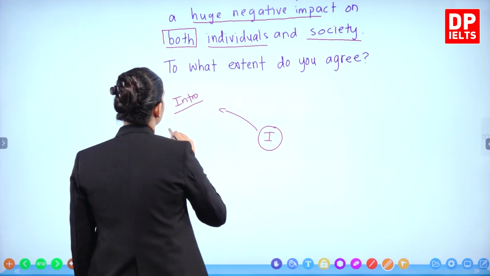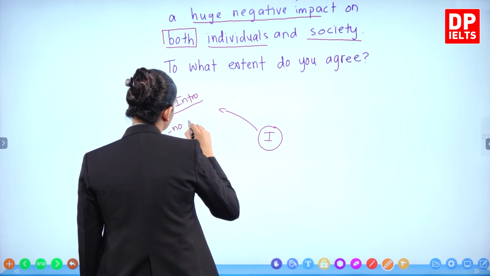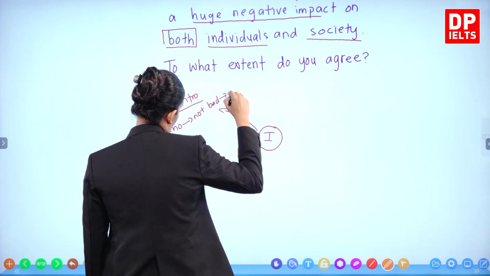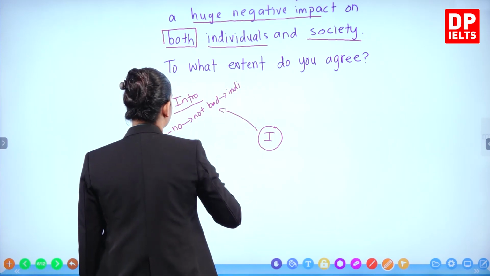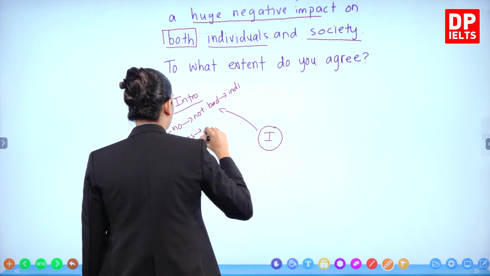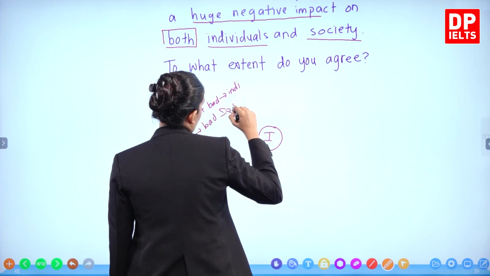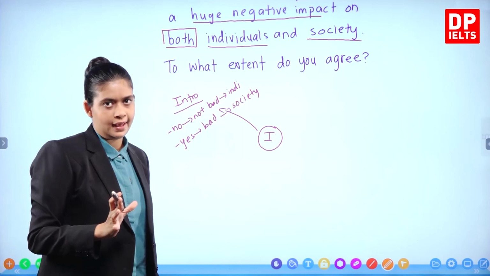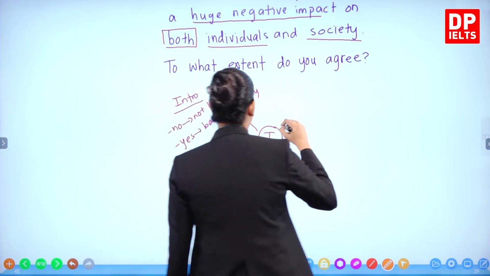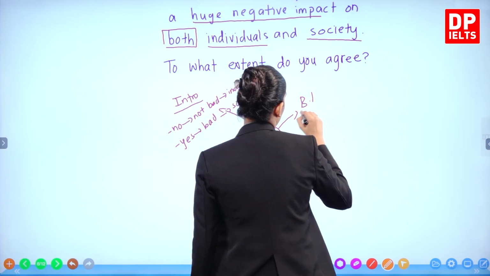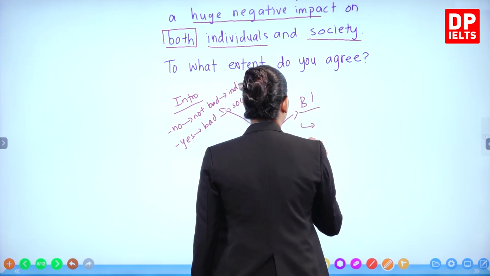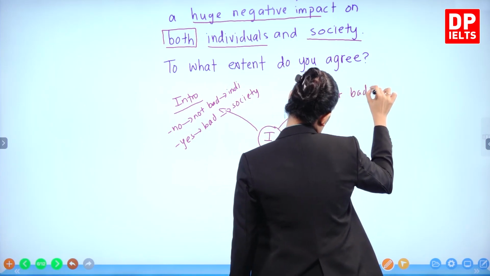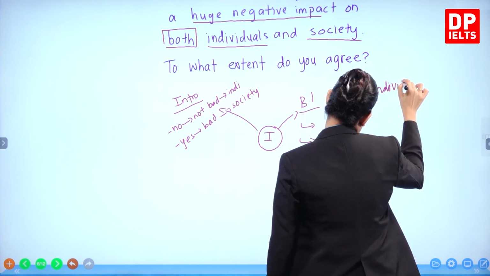So I say, no, it's not bad for individuals, but yes, it's bad for the society. And that's how I'm going to structure my essay. So, body para 1, why is it not bad for individuals?